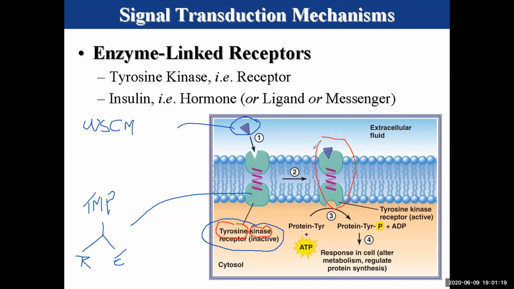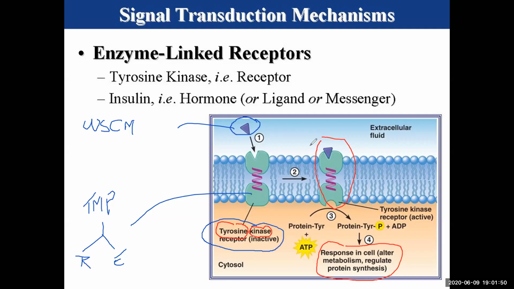This capability of recognizing a signal, recognizing a chemical messenger, and being activated by it, and the kinase function kicks in and it phosphorylates the protein, and the cell will respond down here by inducing protein synthesis or affecting its metabolic pathways, right?